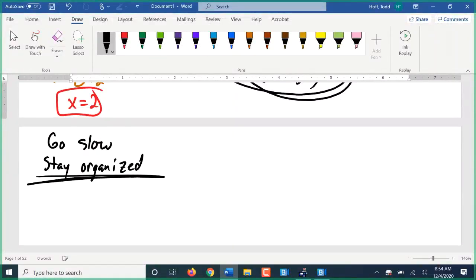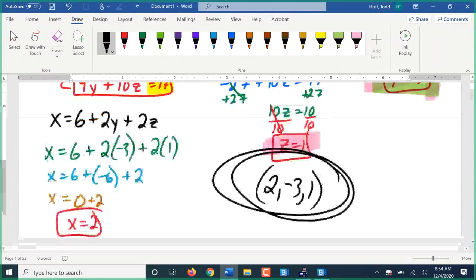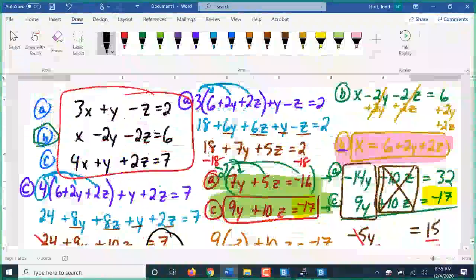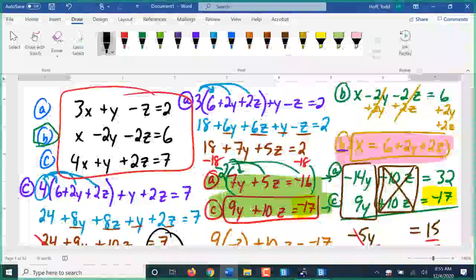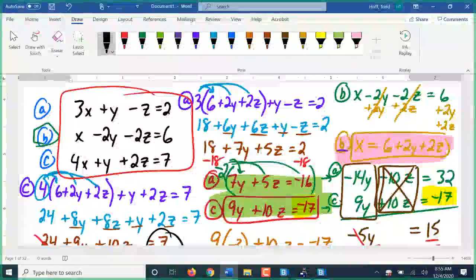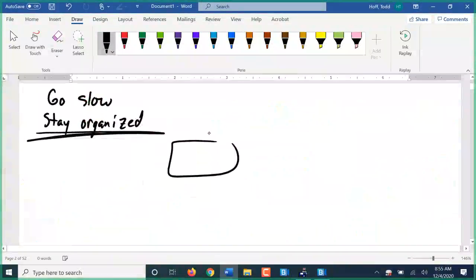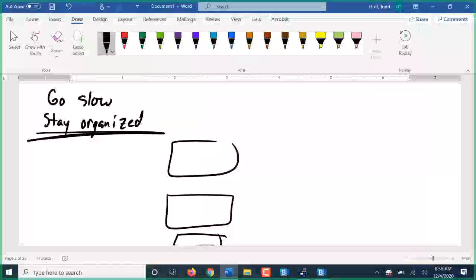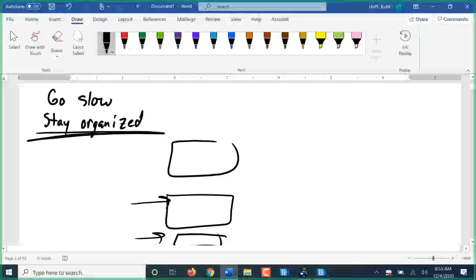I probably have not done the best example of modeling this for you here, because I'm trying to keep everything as close to one screen as I can so that you can see everything at once, or as much of everything at once. But if I were doing this on paper, I would be trying to do it, here's my system, and I'd just be here step 1, step 2, going right down the sheet so that if things didn't work out well, I could go back up and follow my steps down in the same order I did them and see if I can find a mistake.